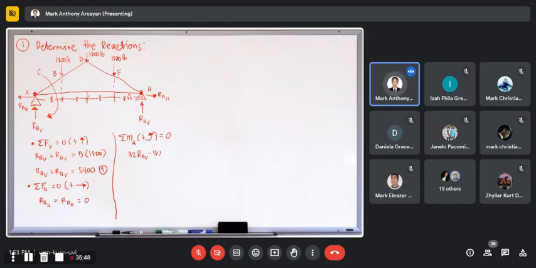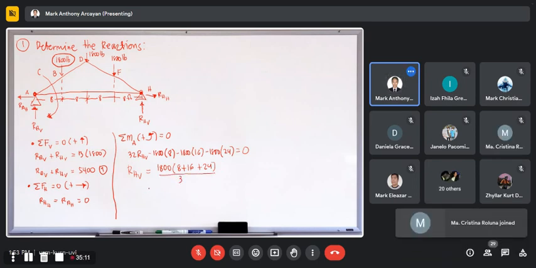Minus 1,800 times the first 1,800, its arm is 8. Then the second is 16. Then the third is 24. So equal to 0. So RHV is equal to 1,800 times 8 plus 16 plus 24 all over 32.